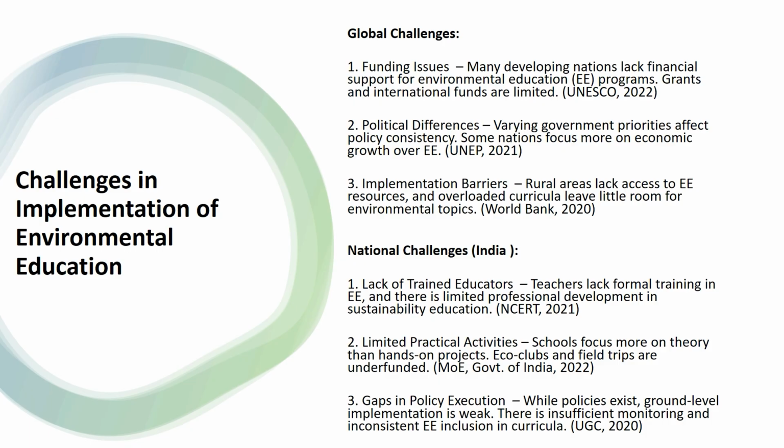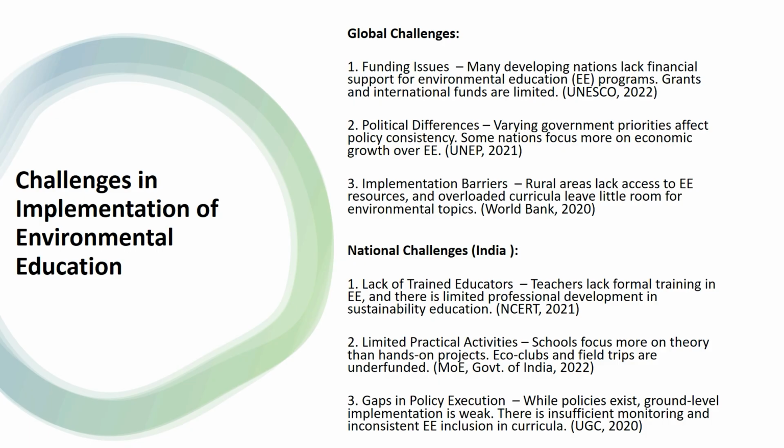National challenges, focus on India. That is the lack of trained educators. Teachers lack formal training in environmental education and there is limited professional development in sustainability education, as reported by NCERT in 2021. Limited practical activities, that is, schools focus more on theory than hands-on projects.